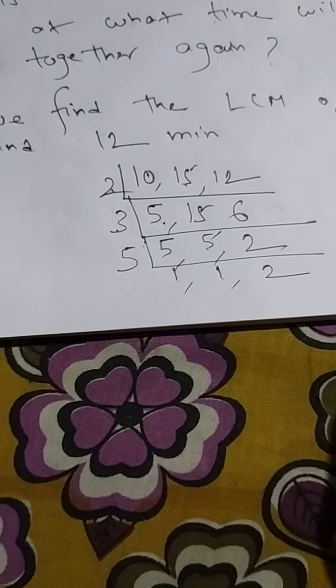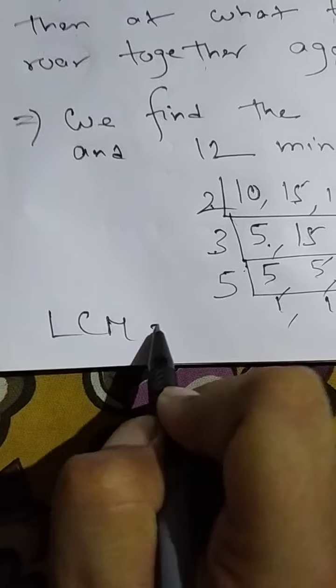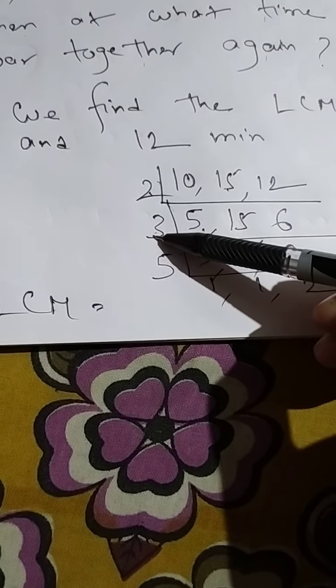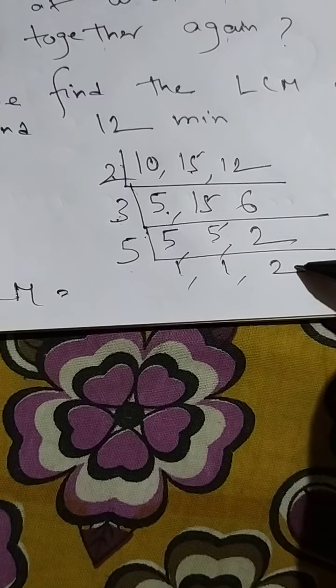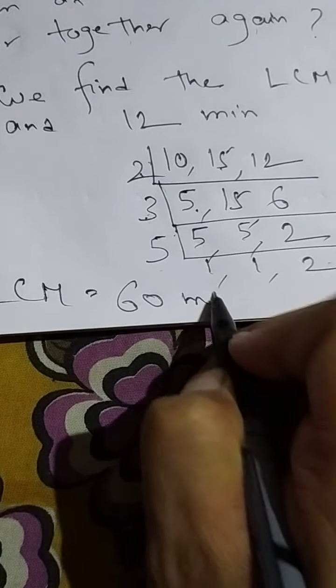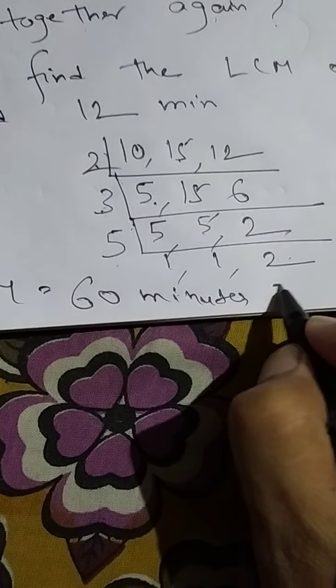So what is your LCM? If you multiply these, 2 3s are 6, 5 6s are 30, 2 30s are 60. So it is coming 60 minutes. And 60 minutes means 1 hour.